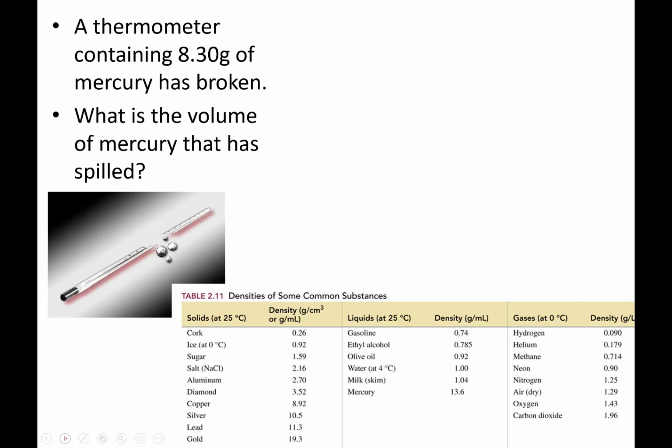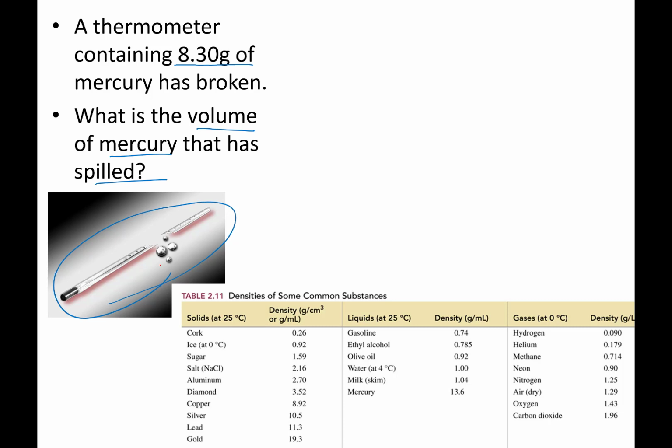This one's a little bit different because we're solving for something different. So let's look at it. A thermometer containing 8.3 grams of mercury has broken. What is the volume of mercury that has spilled? Now, first off, you should not be messing with mercury thermometers. They should be purged from your life and the universe because mercury is a hazardous chemical.